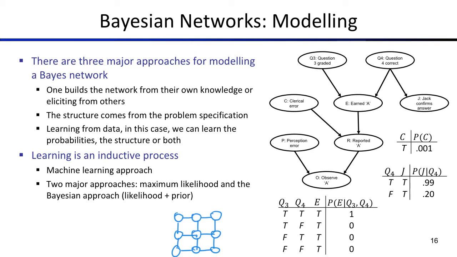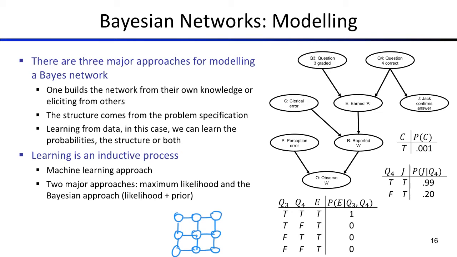But we can also learn the structure from data and the parameters from data. So we can make different combinations of this. But it's important to know that if we have the structure, we can learn the parameters from data. If we don't have the structure, we can learn the structure from data too. So we can compose this as we wish.